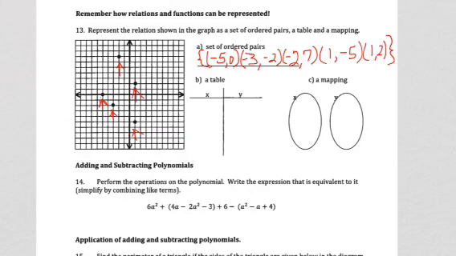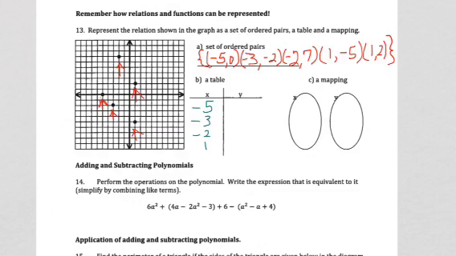So in listing, in the table, your ordered pairs, your X's go on the left, your Y's go on the right. So all of our X's, we've got -5, -3, -2, 1, and 1. We're not going to put the other 1 in the table.